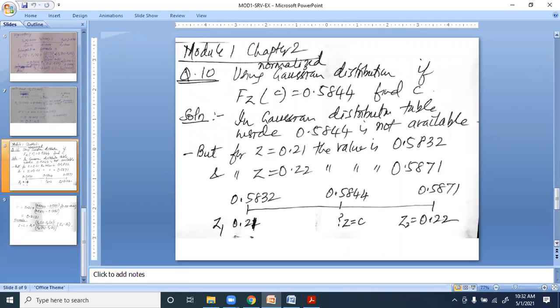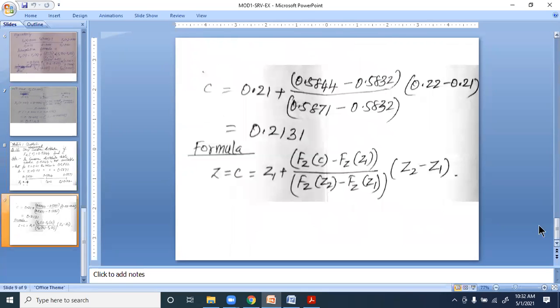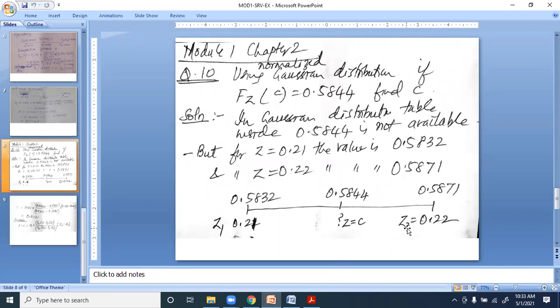0.5844 minus 0.5832, divided by 0.5871 minus 0.5832, multiplied by the quantities corresponding to Z2 and Z1, 0.22 and 0.21.